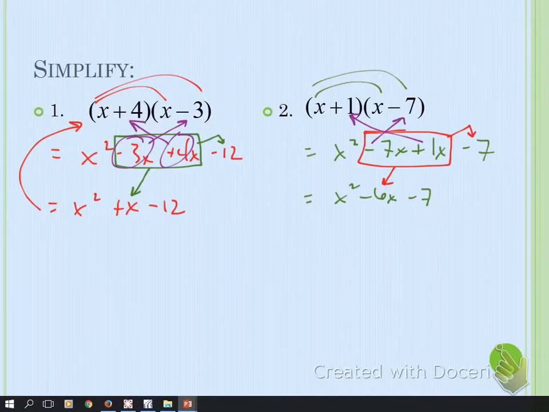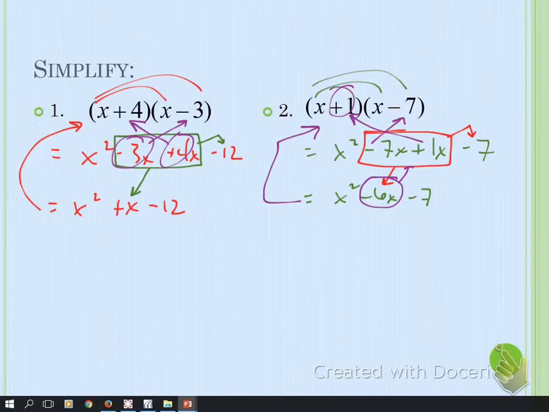So I'm hoping that what you're seeing is that if we're going to go from the trinomial to the binomial, the trick is this. We know that the middle term comes from two like terms. And we have to create those two like terms. We need to be able to take negative 6x and create the two middle terms, negative 7x and plus 1x.